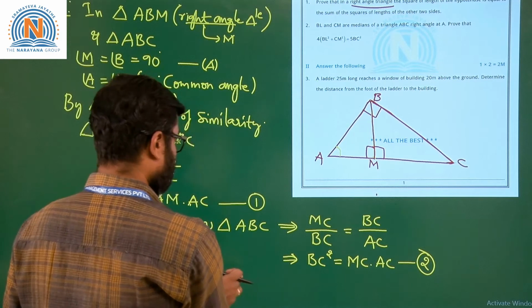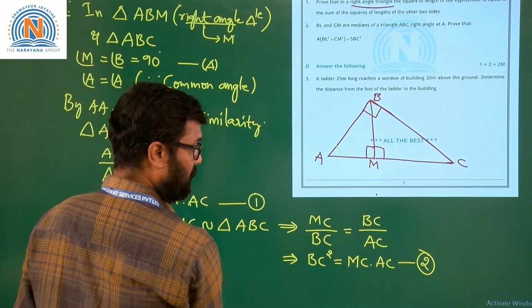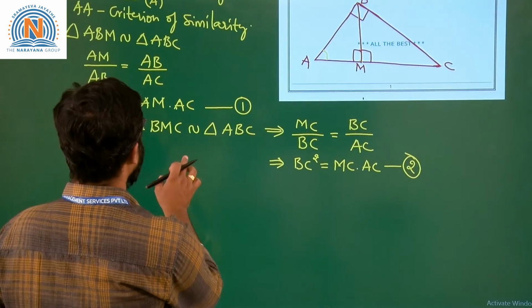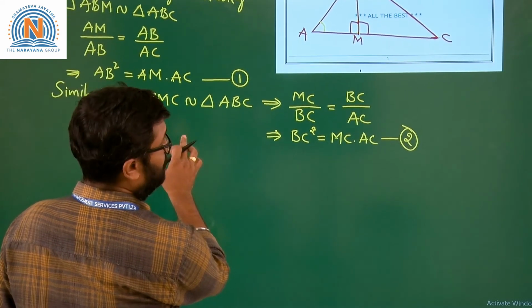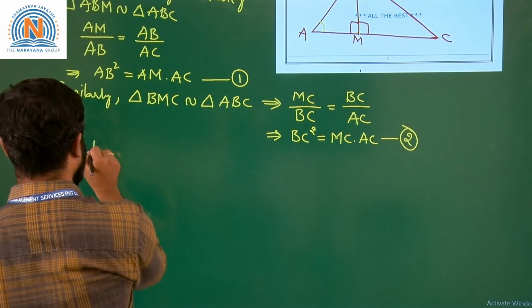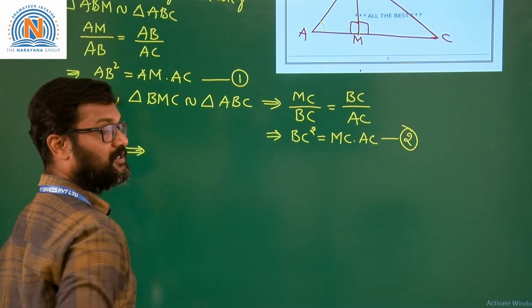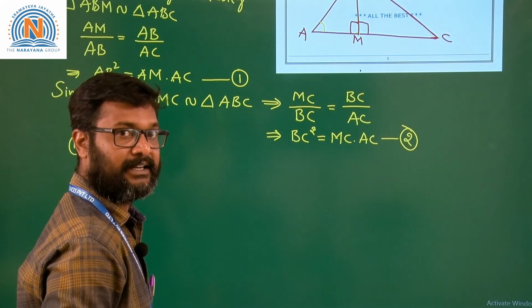So let's take this as the second equation. Now children, from the first and second, that is add 1 plus 2, so that means the first equation and second equation are added.